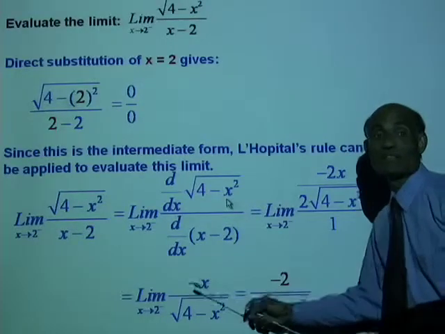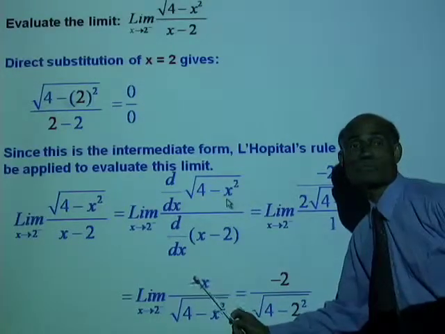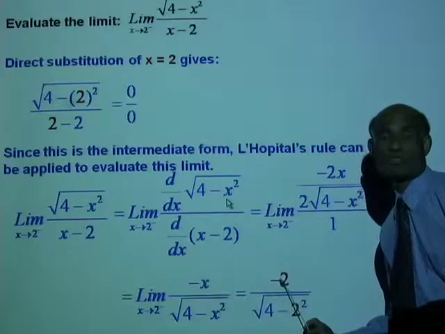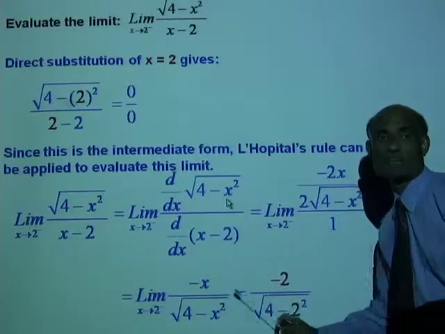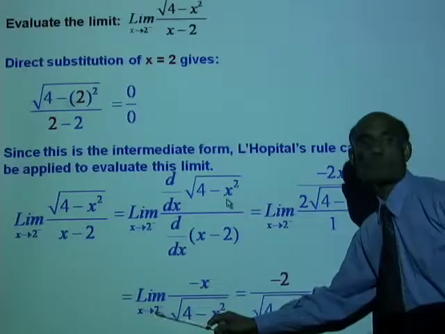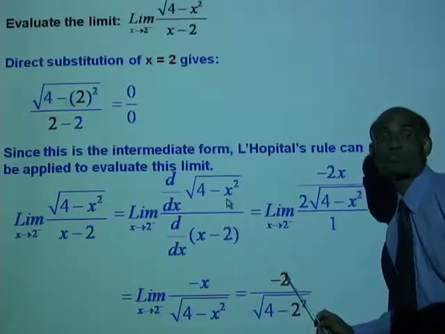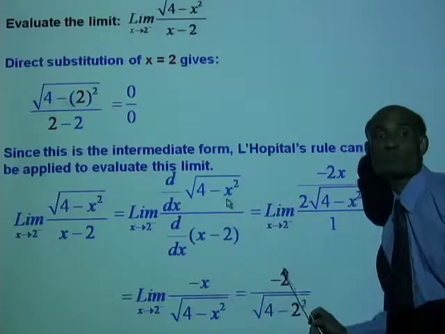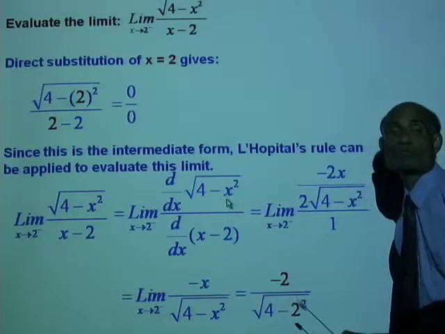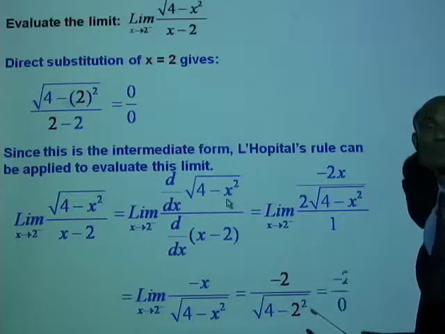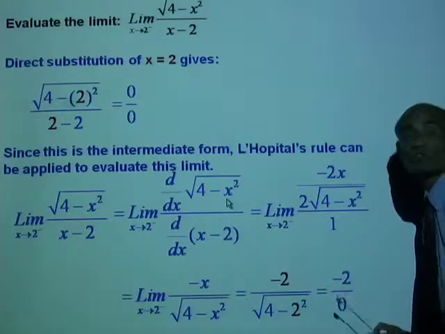Yes, it is right. x approaches 2 from the left. Replace your x by 2. That will be negative 2 divided by square root 4 minus 2 squared, which is negative 2 over 0.